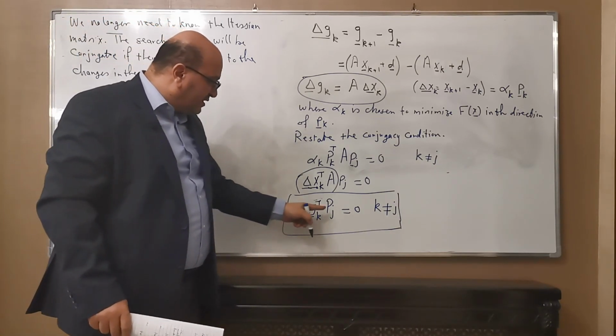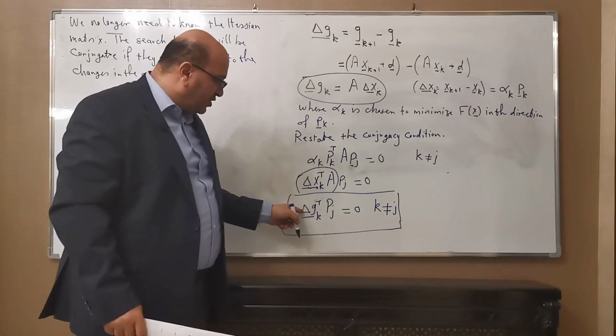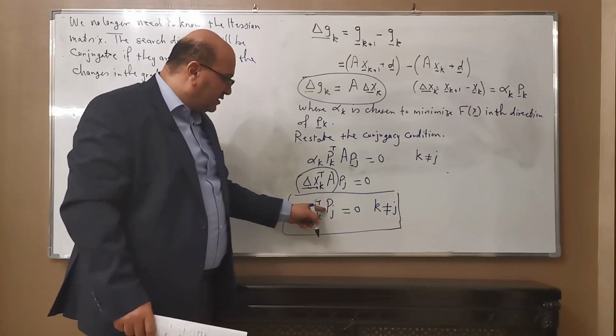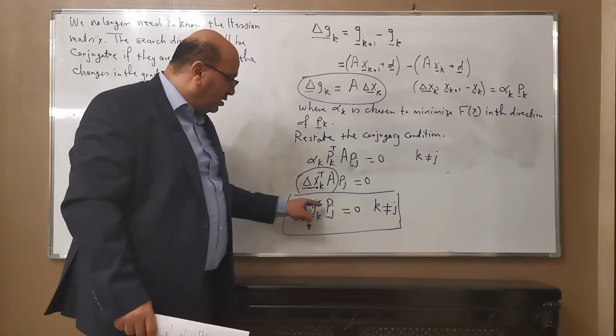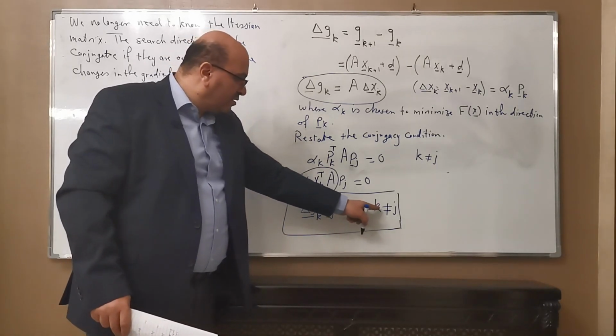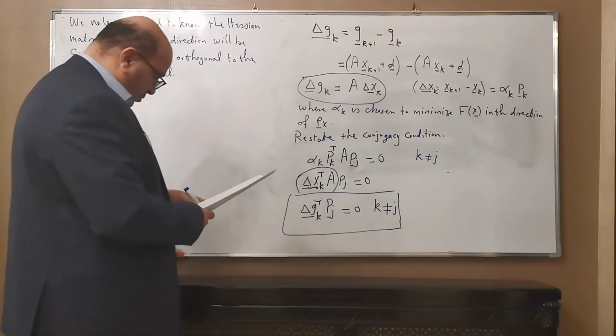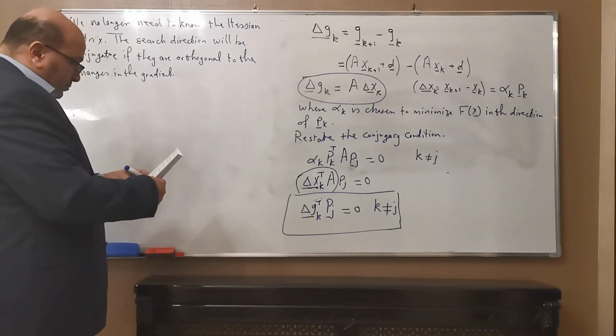And as you can see, this is an inner product between the changes of the gradient and the search directions, P j, and should equal 0 for any j not equal to k. Okay.